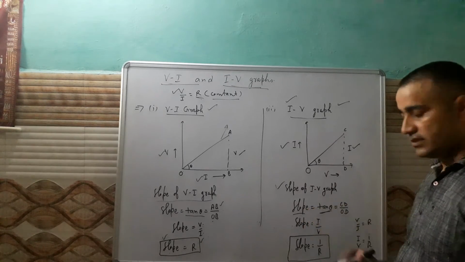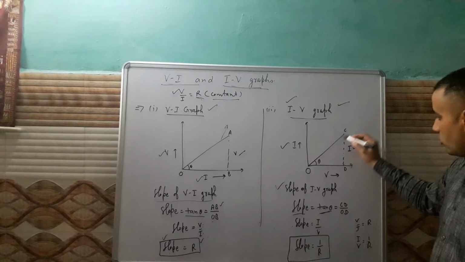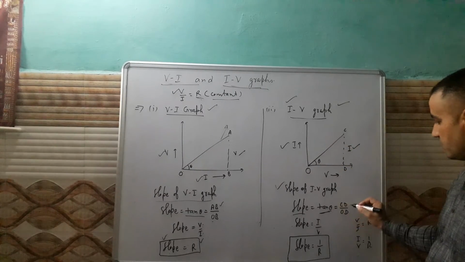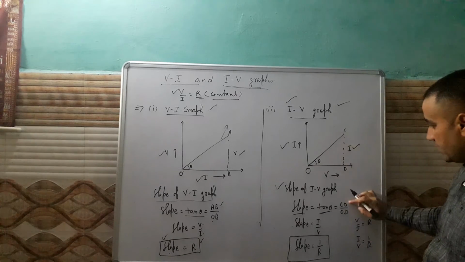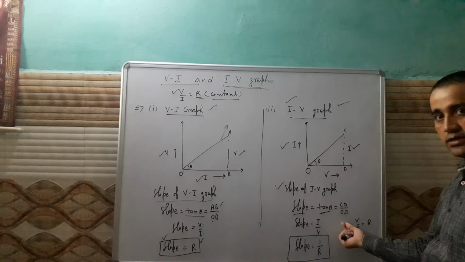So how can we find the slope? Again by finding tan theta. In triangle OCD we can find tan theta by perpendicular upon base. The perpendicular side is CD and the base is OD.